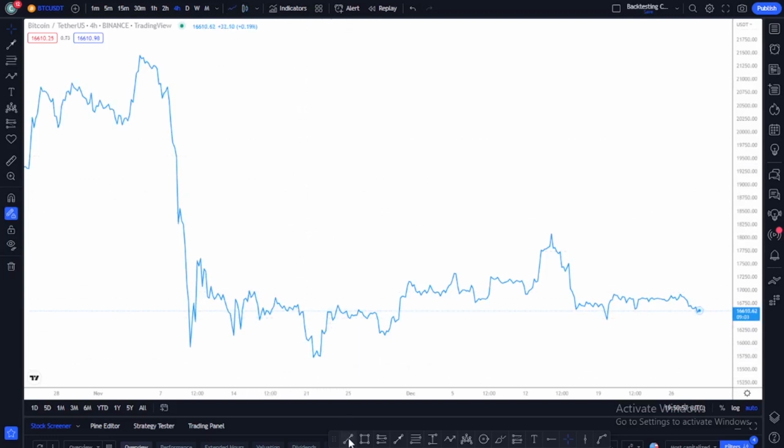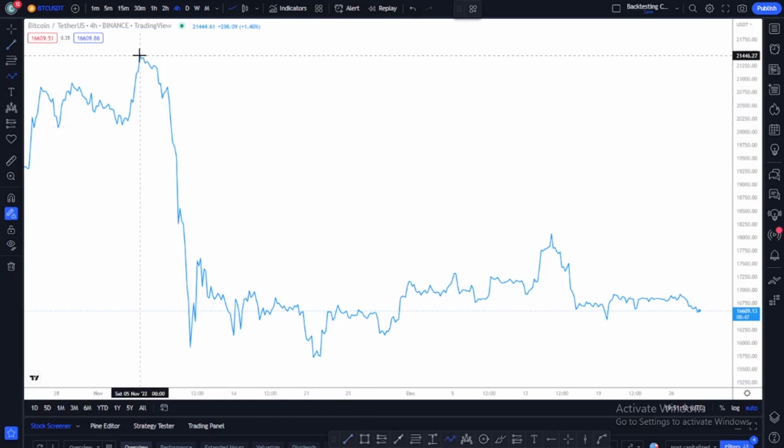Coming to our line chart, we can identify our bearish rising wedge. How do we identify a bearish rising wedge?